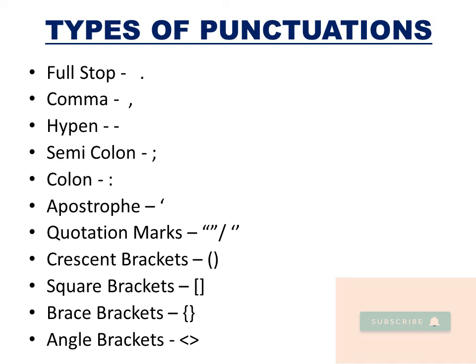Then comes square brackets. The intent is that it is actually part of the sentence, but we have to put it out, or if we want to explain something more in the sentence but it doesn't need to be part of the sentence, then at that point of time we put that thing in square brackets. Then there are other brackets, brace brackets and angle brackets.